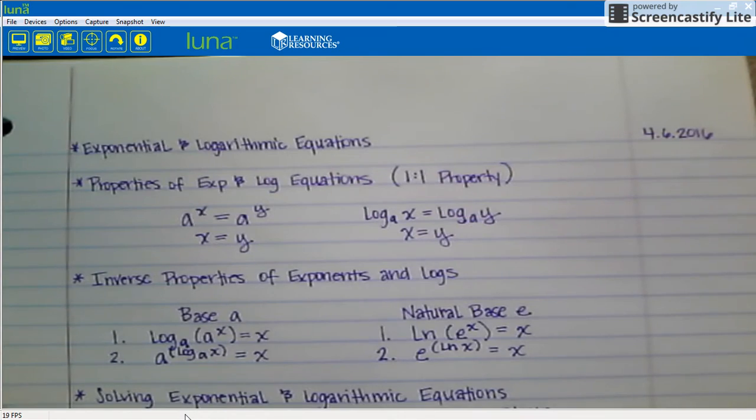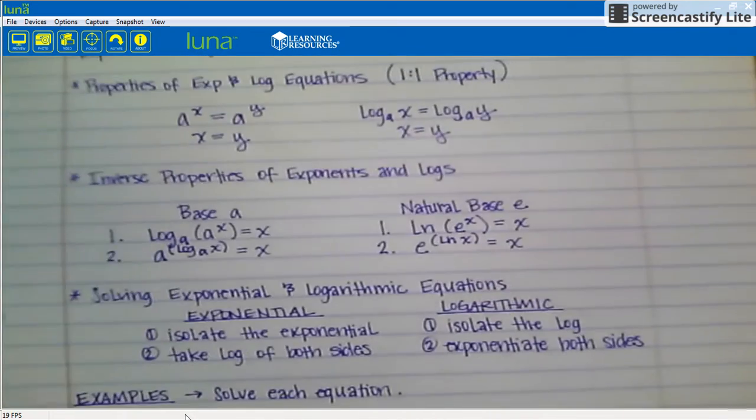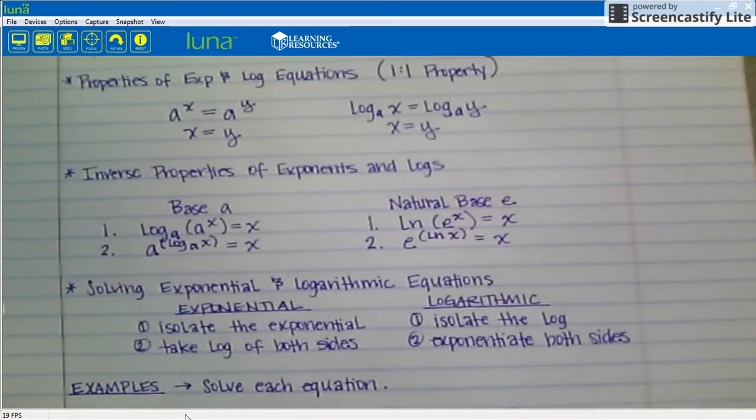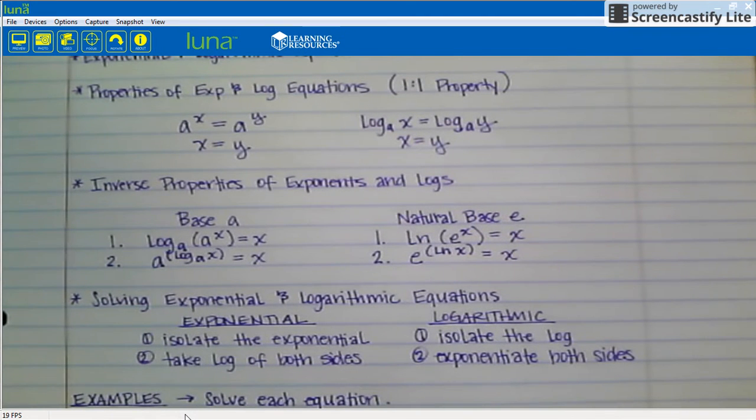Now, when you solve exponential and logarithmic equations, you are doing essentially the same thing, but it depends on what type of equation you're given and how you go about solving it. So if you start with an exponential expression, then the very first thing you want to do is isolate the exponential so that you have the exponential expression on one side and everything else on the other side.